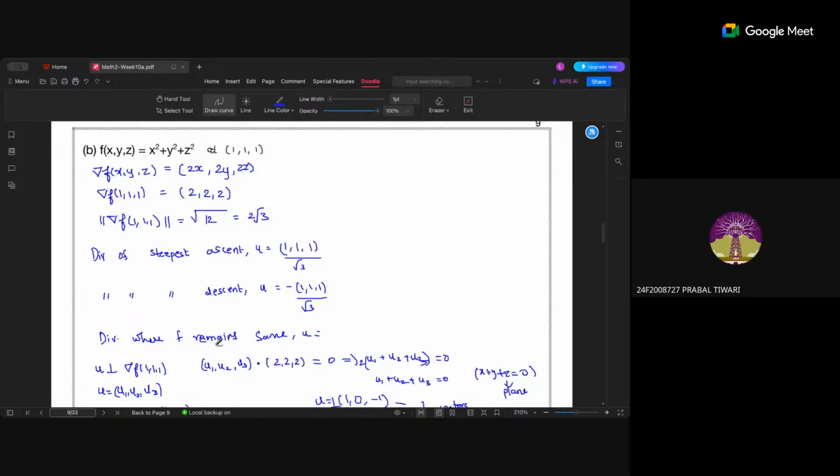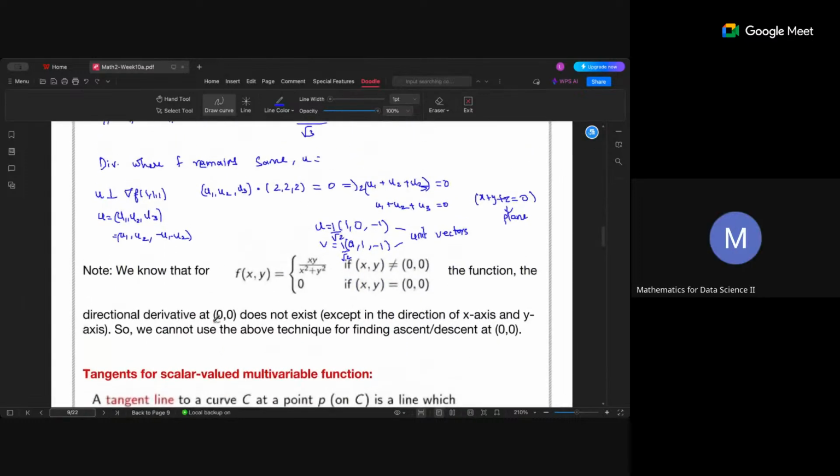That's the thing. I guess in the lecture you have seen this particular function given as the function for which the directional derivative at 0 comma 0 does not exist. Do you remember that from the lecture? The explanation is also given in the lecture itself. If you don't remember, just go back to the lecture and see from week 9.